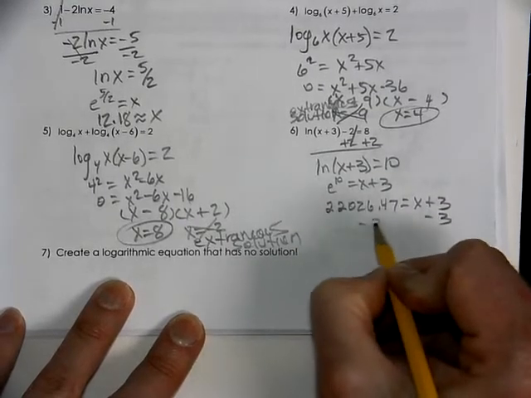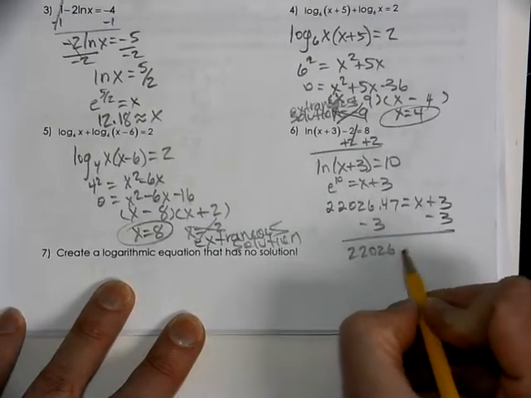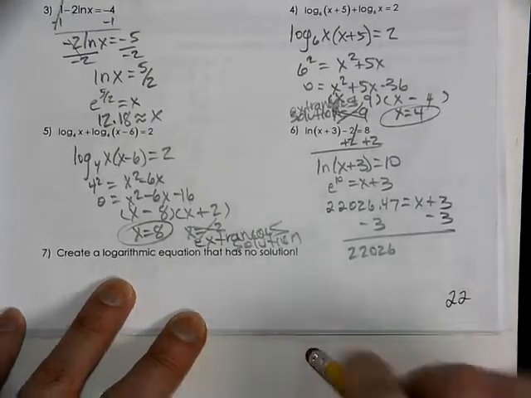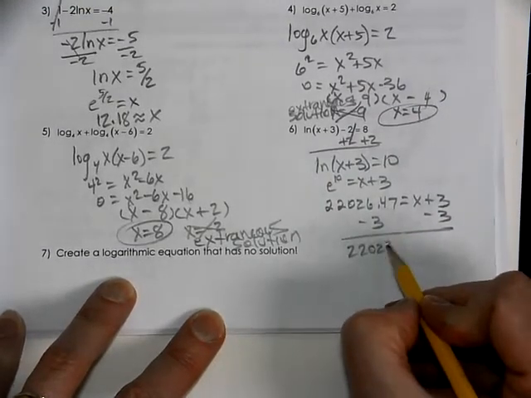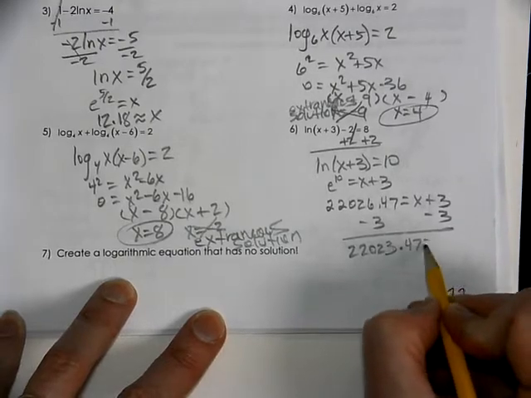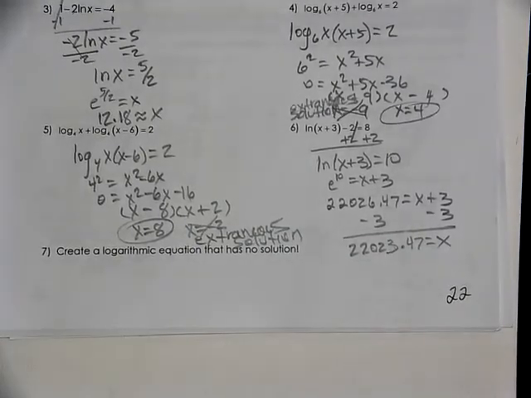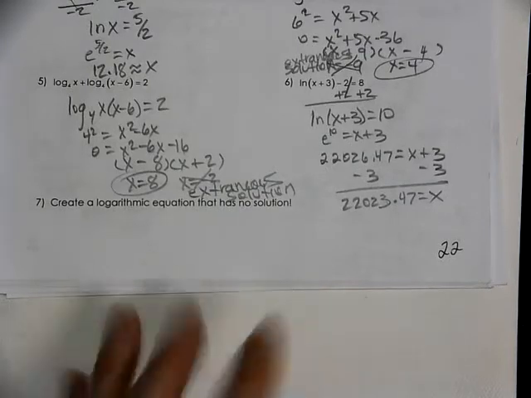And we subtract 3 from that, which gives us 3 less. And that's our crazy answer, 22,023.47.